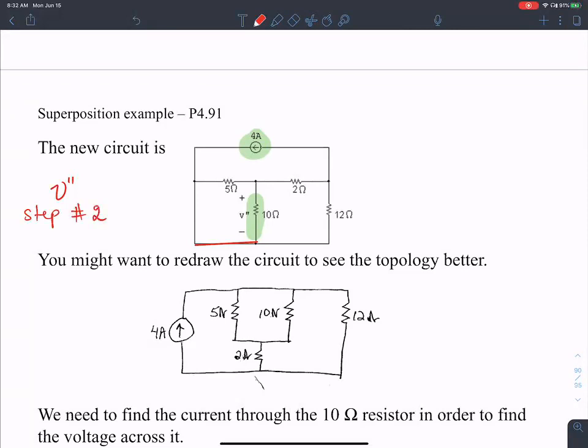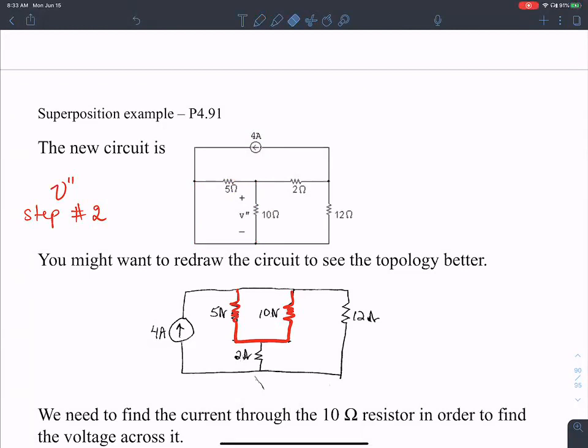Once I do that, I notice that the 5 ohm resistance and the 10 ohm resistance are in parallel. So I redraw the circuit to show that the 5 ohm and 10 ohm resistances are in parallel, because both of these resistances are tied together at their ends, without any other terminal in between.